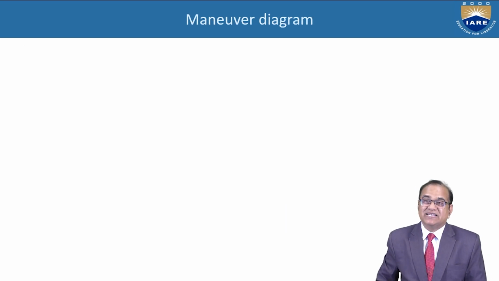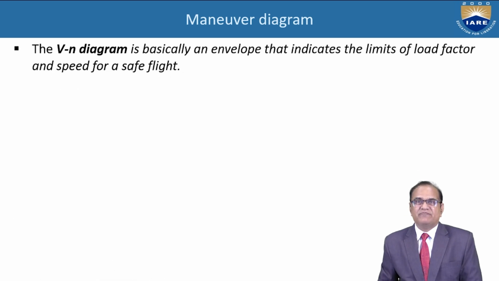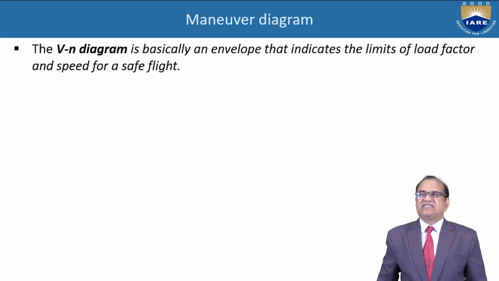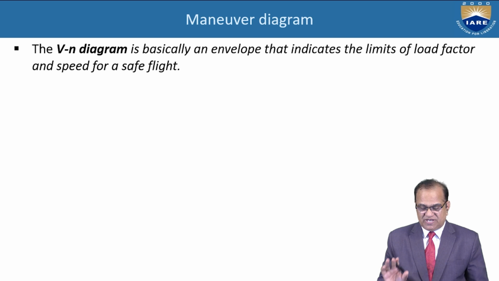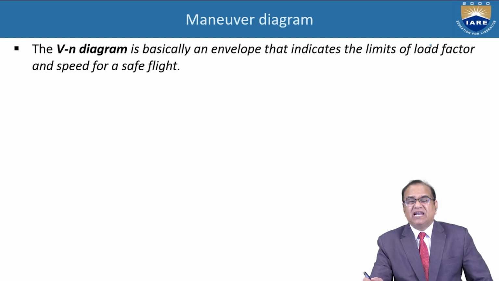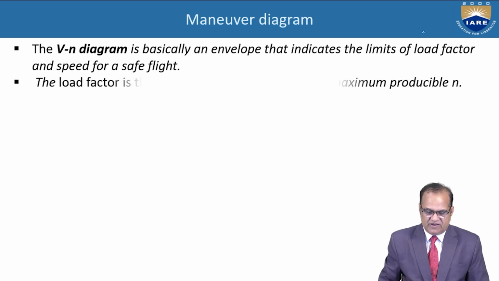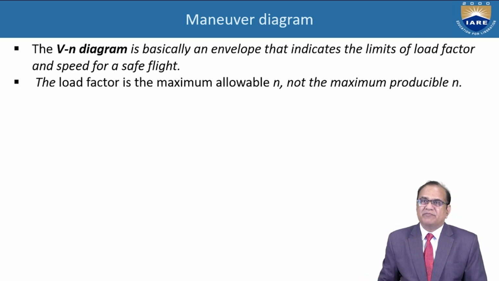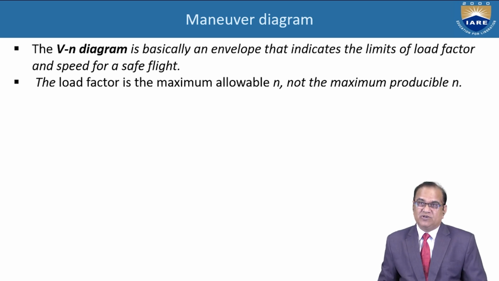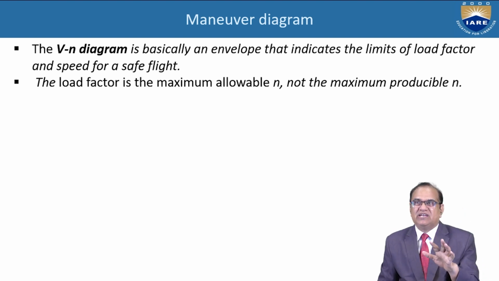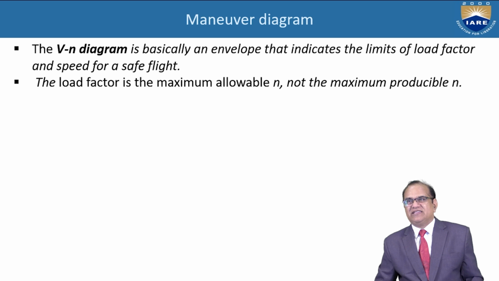Now I will discuss another diagram, called the maneuver diagram. The VN diagram is basically an envelope that indicates the limits of the load factors and speed for a safe flight. So in this VN diagram, we can find the limits of the load factor and the safe speed of the aircraft. The load factor is the maximum allowable N, not the maximum producible N. So here we have to see the maximum allowable by the structure, not the producible by the engine.